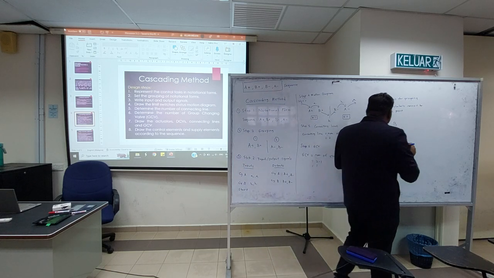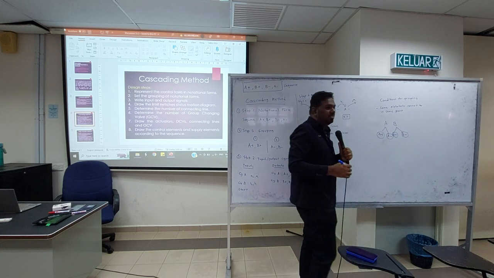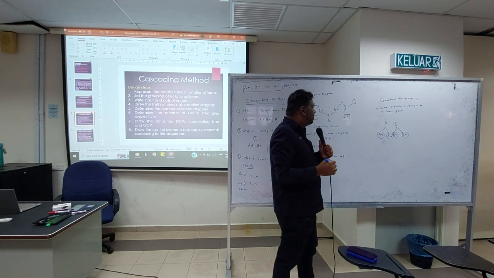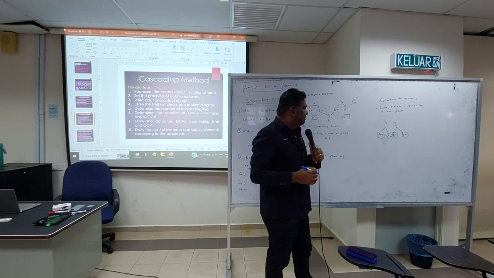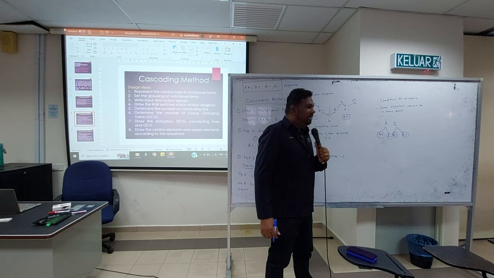So in this case you have four situations: A plus, A minus, B plus, B minus. How do you want to form the groups? What are the possibilities?